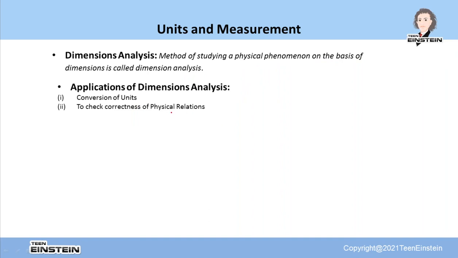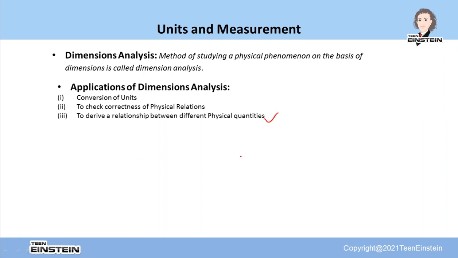The second thing is it helps us to check the correctness of any physical equation. Some equation may be given. You have to check whether that equation is really correct. That can be done by dimension analysis. Then we can derive even physical quantities.